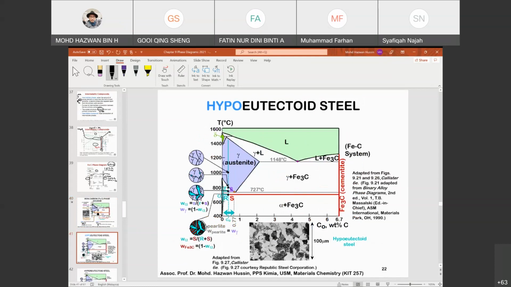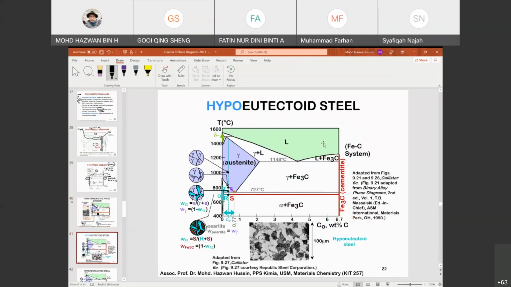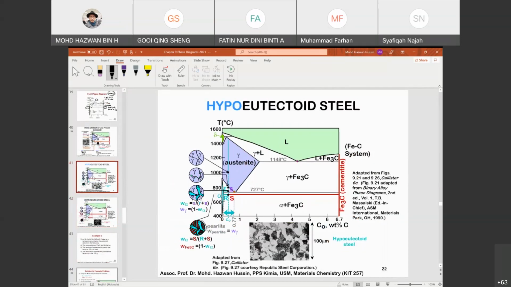So before we look into the things on hypoeutectoid and also hypereutectoid, okay, maybe I can give you some examples. Kejap, oh, maybe we look at the example first and the microstructure before the examples. Okay, so hypoeutectoid.